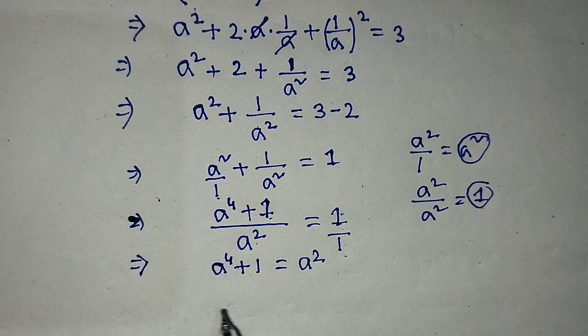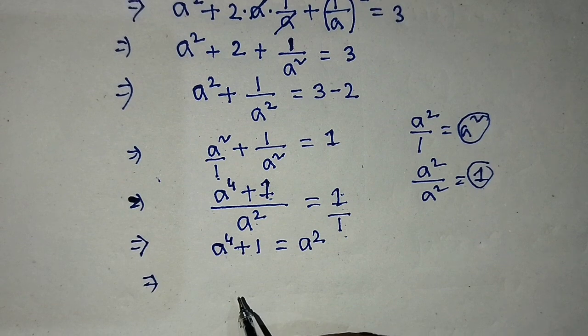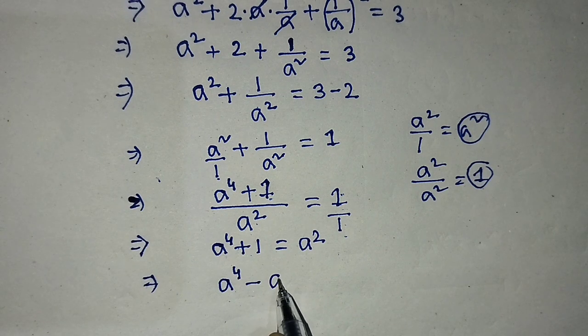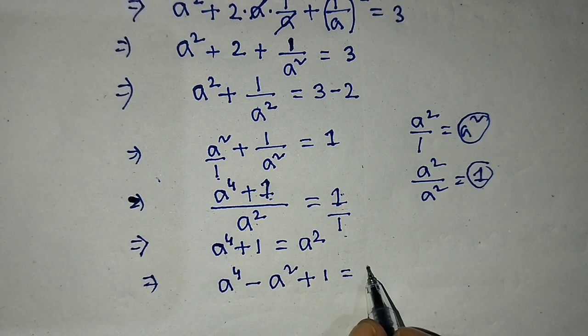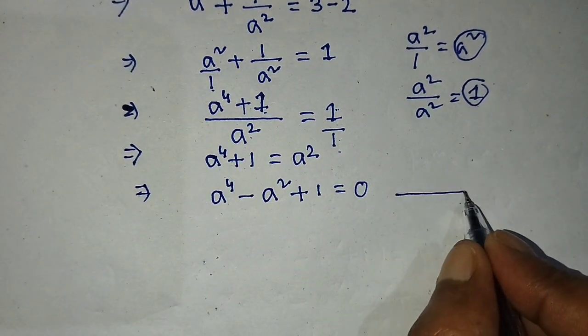So student, after that we have to transpose a square from right side to left side. Then the left hand side becomes a to the power 4 minus a square plus 1 is equal to 0. So student, this is equation number 1.